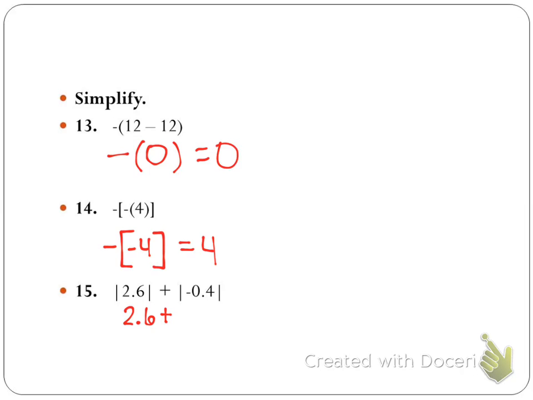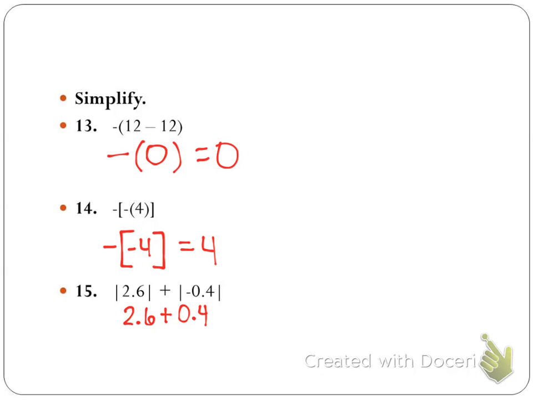Plus, Adrian, what's the absolute value of negative 0.4? The absolute value of that would be a positive 0.4. And then we have to add them together. Keon, what do we get? 2.2.